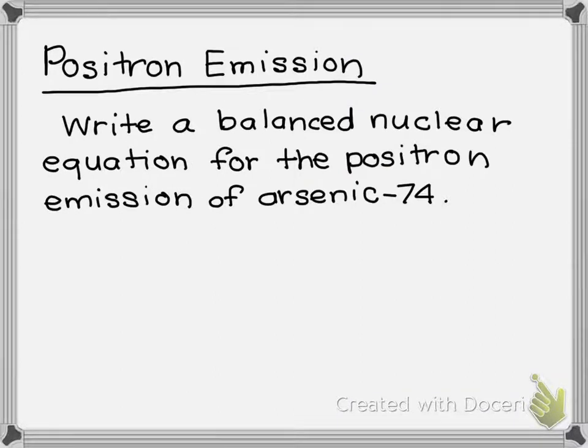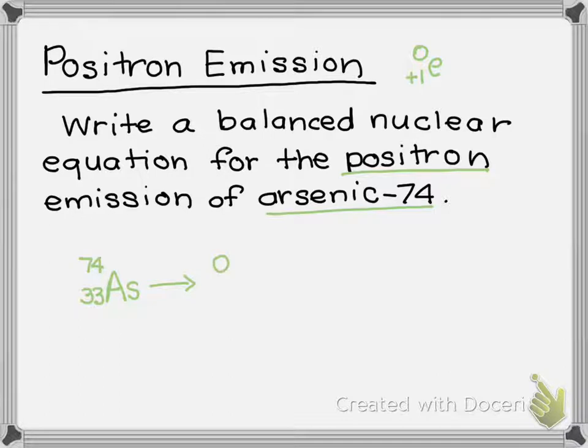Now we have a positron emission, and the symbol for a positron is a 0 as the mass number, a +1, and an e. So this says write the balanced equation for the positron emission of arsenic-74. So arsenic is As, and it tells me it has a mass number of 74. And then when I'm looking at arsenic on the periodic table, I see it's element 33.